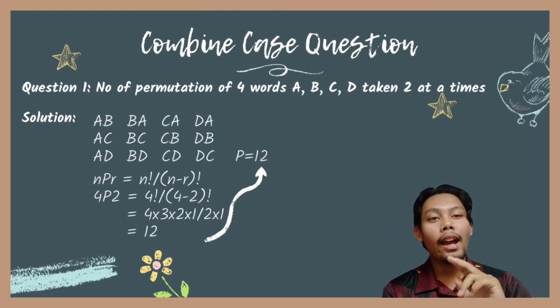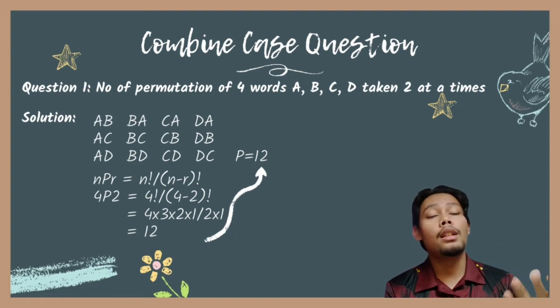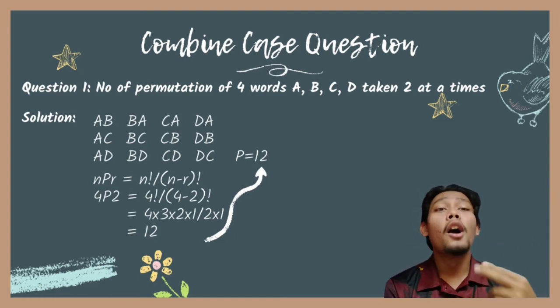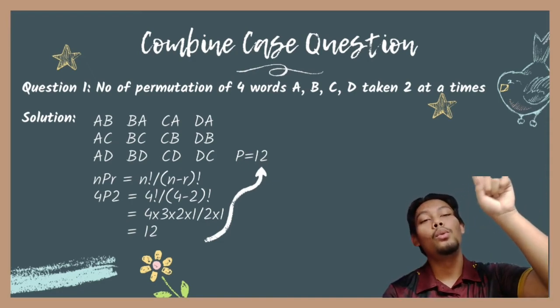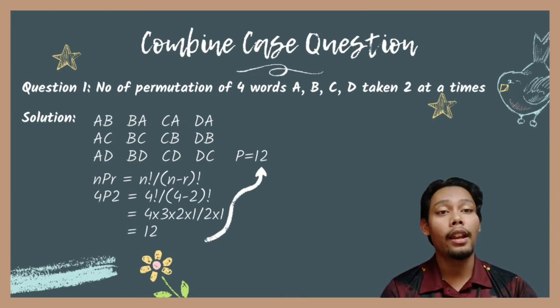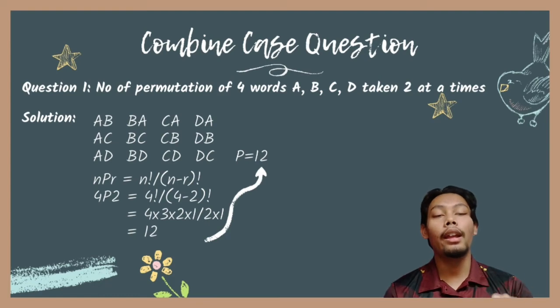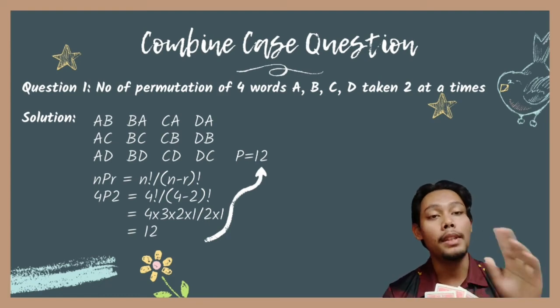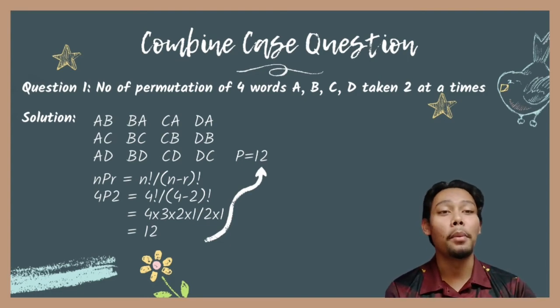We can cancel 2 times 1 with 2 times 1, so we just have 4 times 3. 4 times 3 equals 12. So the answer is the same as when we listed the possibilities of the words Ali could get randomly from A, B, C and D. That's how you can find the permutation.